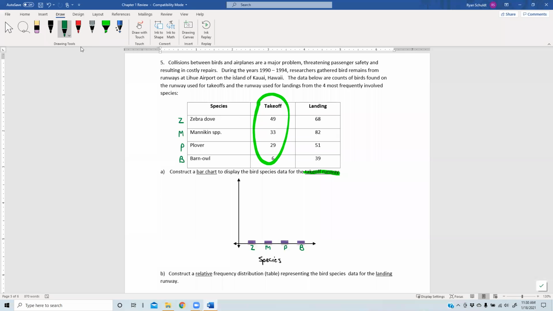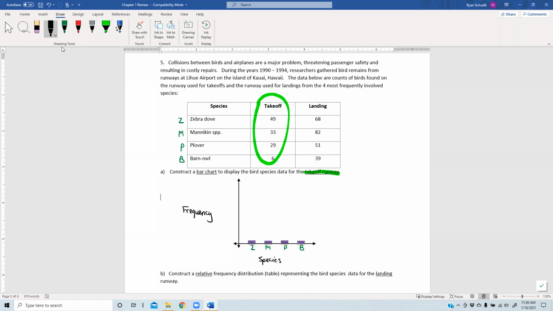Okay, so there's our horizontal axis. It doesn't tell us what kind of bar chart to create. So let's just use flat out frequency. Let's not do relative frequency. Let's just do plain Jane frequency.